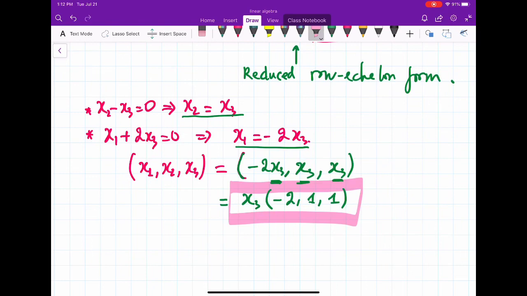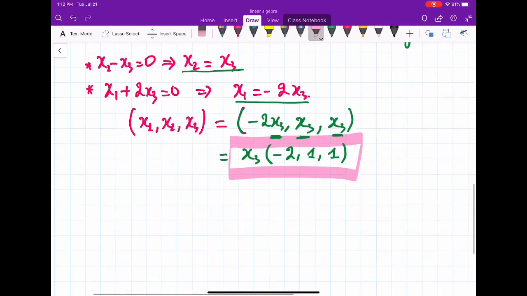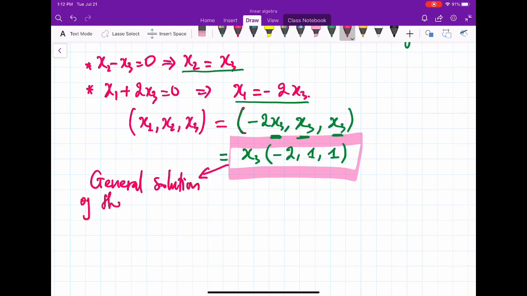Geometrically, this is the general solution of the original homogeneous system, right? And actually, all solutions are generated by one vector only.